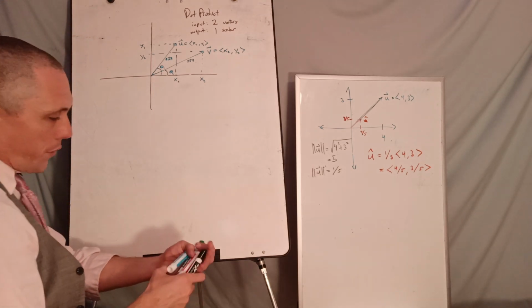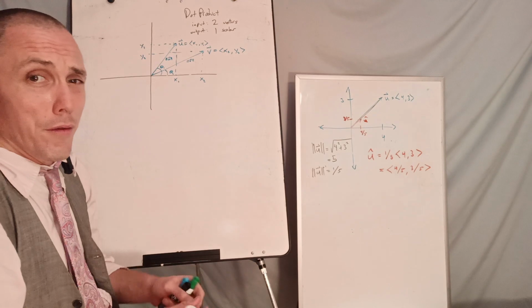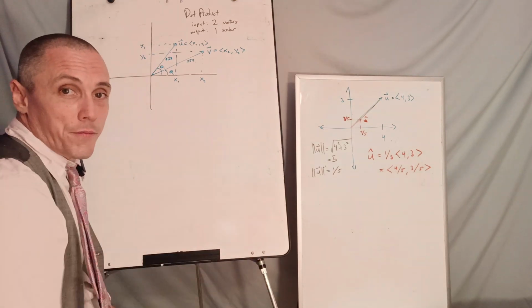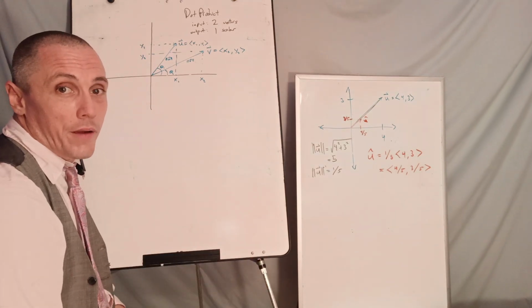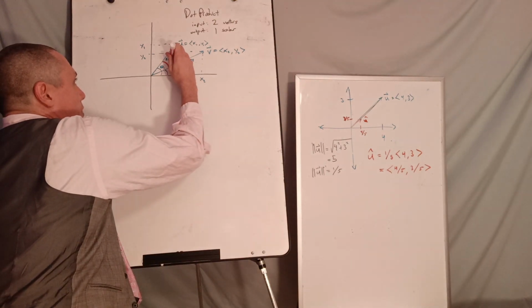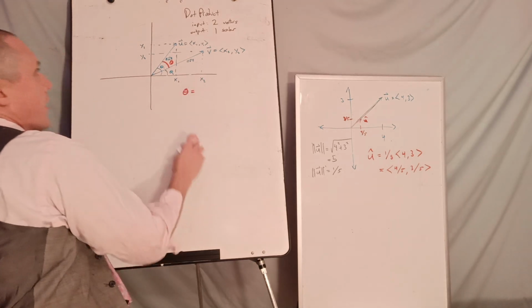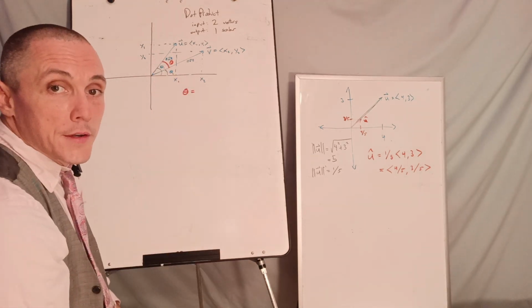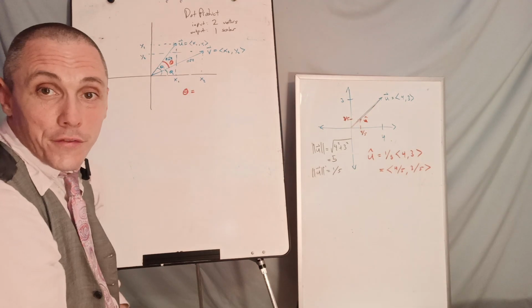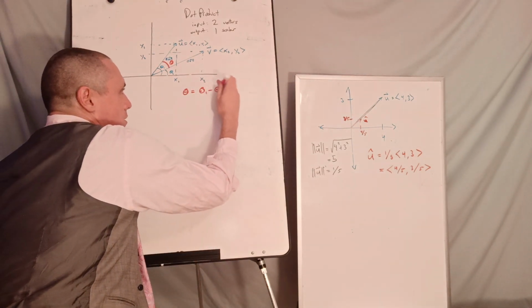And before we really get going with this, let's note that there's also a third angle just kind of calling to us in this diagram, which is the angle between the two of them. So I'm going to call this one theta. And theta is simply, if I pick theta 1 to be the larger of the two, let's say that theta is equal to theta 1 minus theta 2.